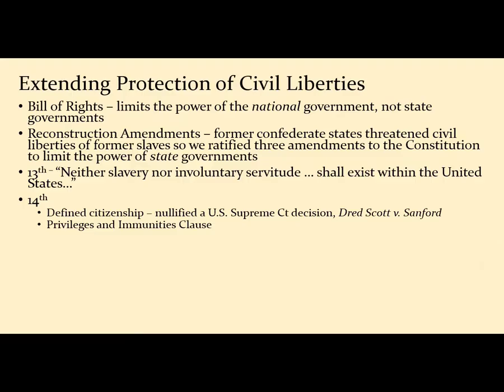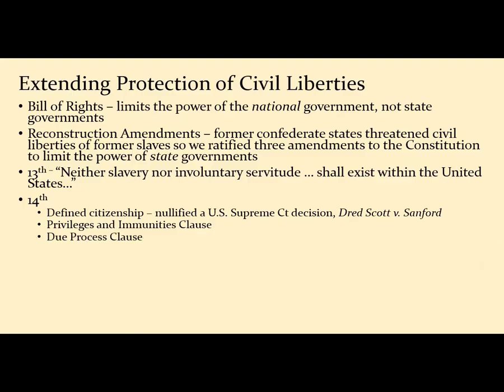So similar language that you would find in the original Constitution is stated here in the 14th Amendment, and it has been subject to some controversy as to what does it mean? What does the Privileges and Immunities Clause really mean? It's open for debate. It's unsettled.